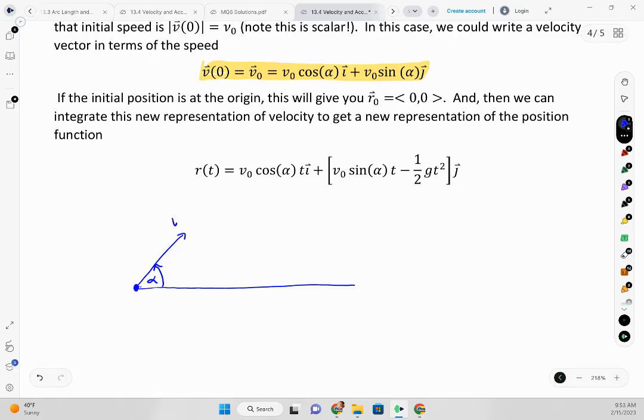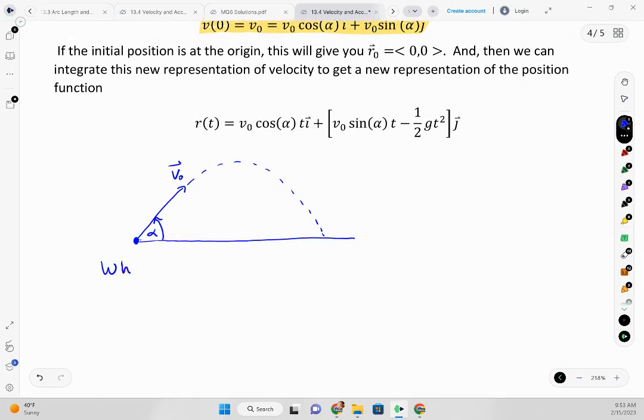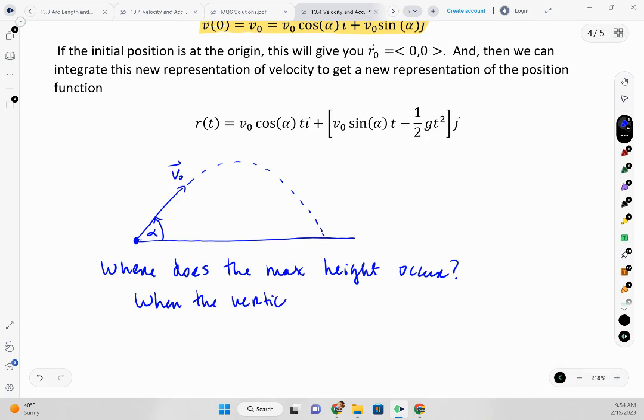Now let's say we've got our initial velocity when the projectile shot off, and then after that, the only thing acting on it is the force due to gravity, and it'll land somewhere. So we'd want to know some questions like, where does the max height occur? And that's going to be when the vertical component of velocity is 0.